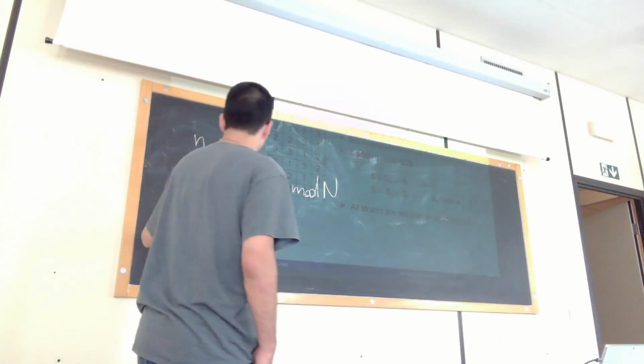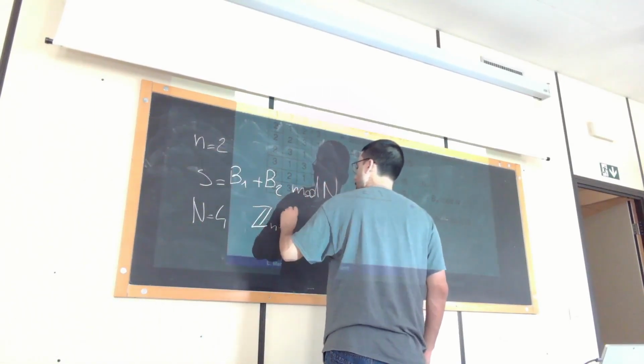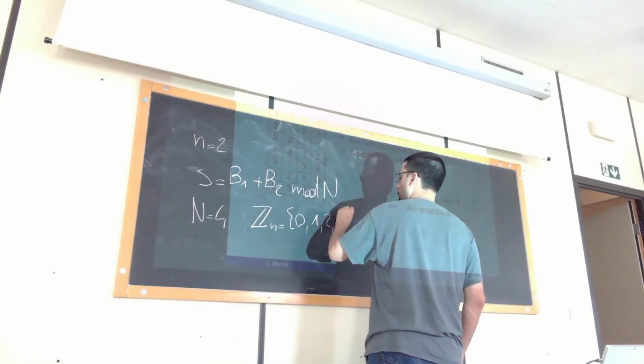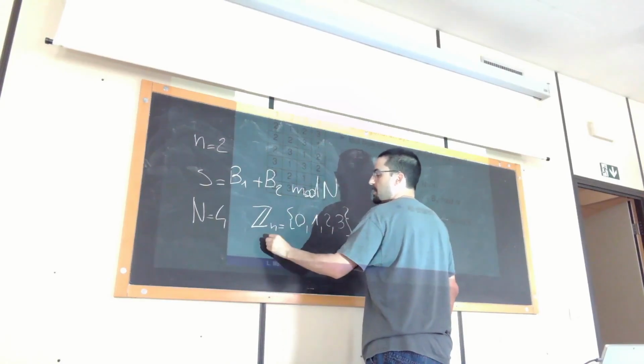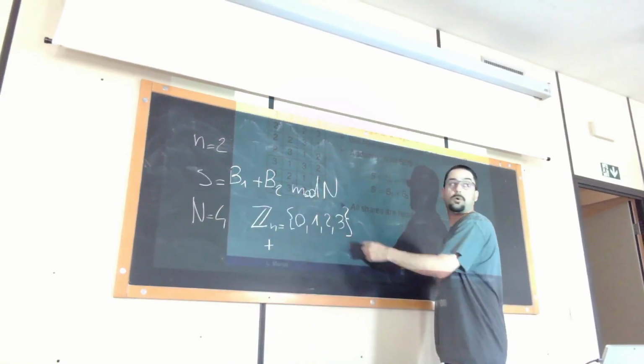So we will have our residue class ring Z_N, so 0, 1, 2, 3. And then we are considering the sum operation in this reconstruction here, so sum modulo N.